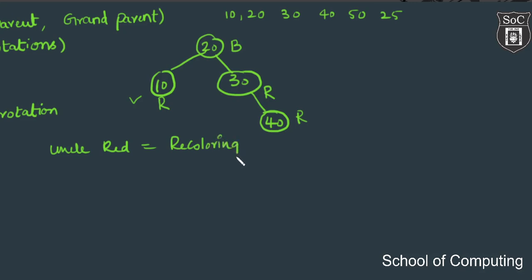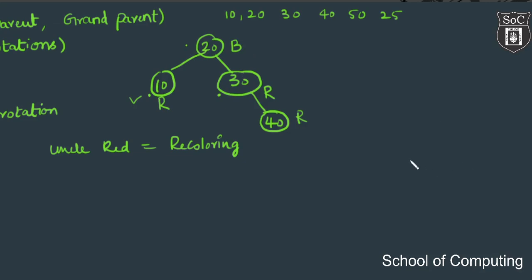Recoloring means uncle will be recolored, parent will be recolored, and grandparent. So we have to recolor 10, we have to recolor parent 30, we have to recolor 20 also.